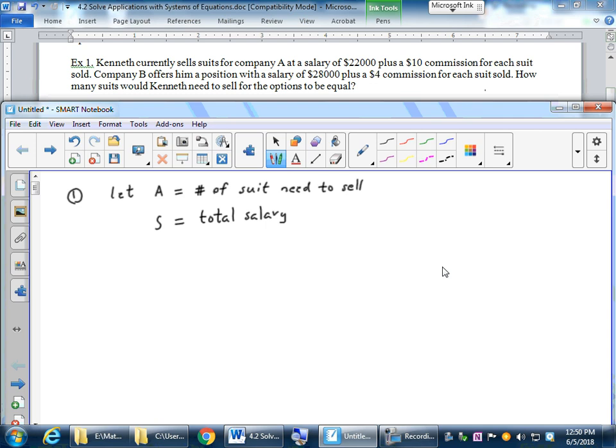Depending on how many suits you sell, each company will have a different salary. So I need to know the total salary.